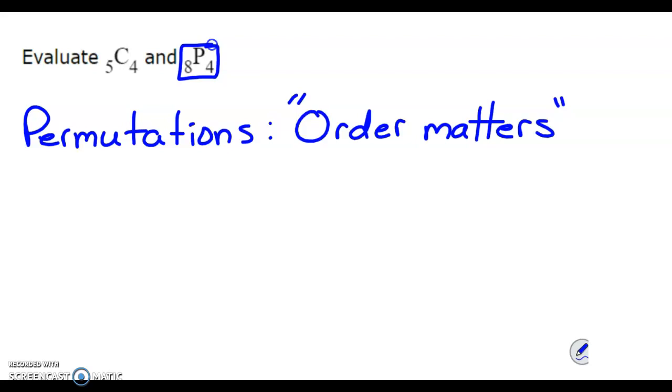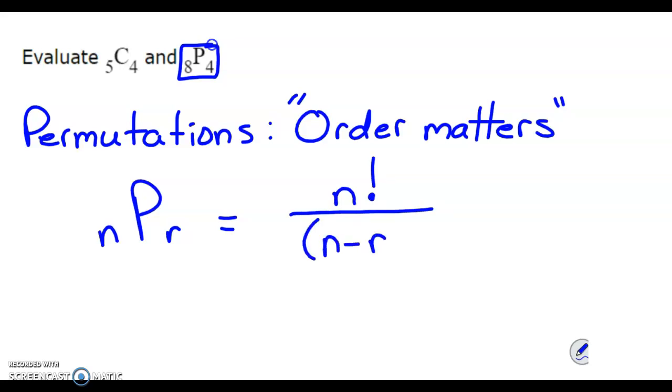Let's just put the formula down for this here. You're going to see this as N and then a P and then an R. You're going to see two little numbers there like you do here, 8P4. So what that formula is: N factorial over N minus R in parentheses factorial.